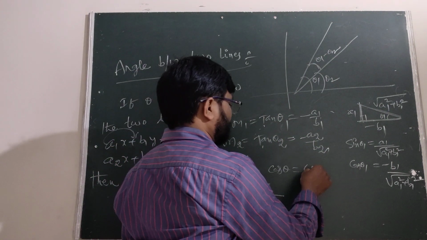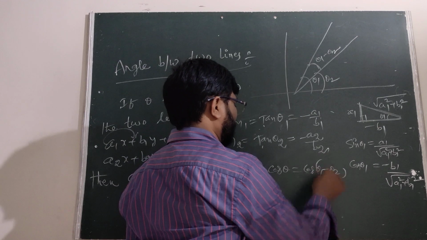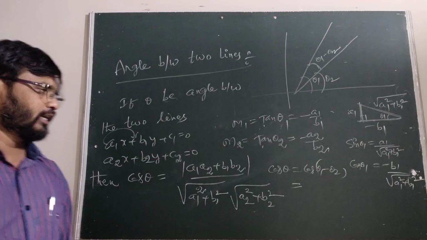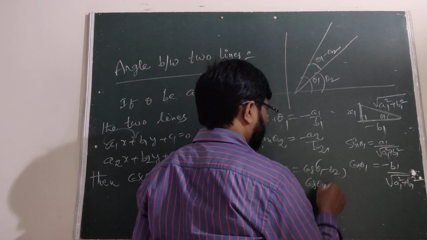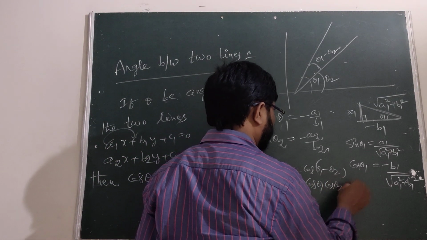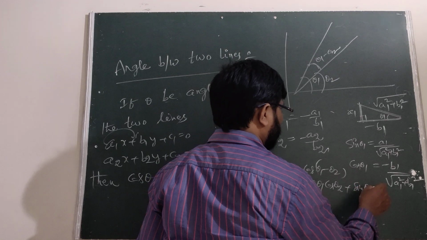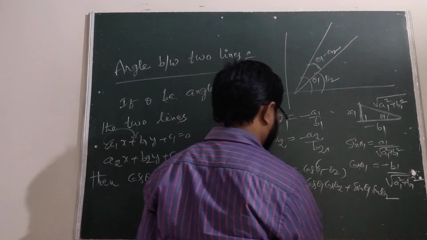Therefore, this is cos of theta 1 minus theta 2. We have to know that cos of a minus b is cos a cos b plus sin a sin b. So, cos theta 1 cos theta 2 plus sin theta 1 sin theta 2.